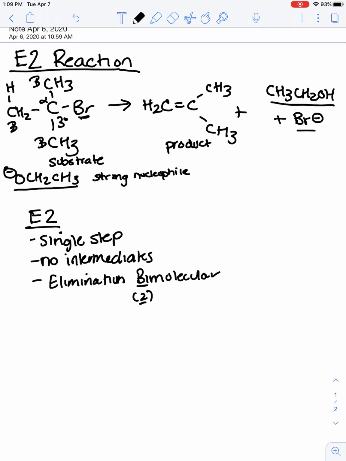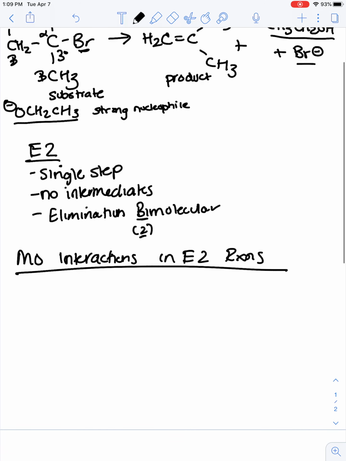When we look at the molecular orbital interactions in E2 reactions, so MO again is molecular orbital, so what we want to do, E2 reactions, remember, are always going to be single step. So we have no intermediates that are going to be formed.